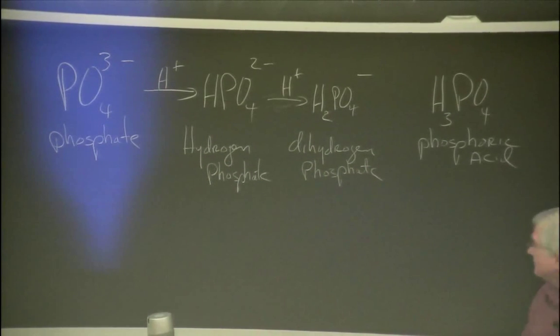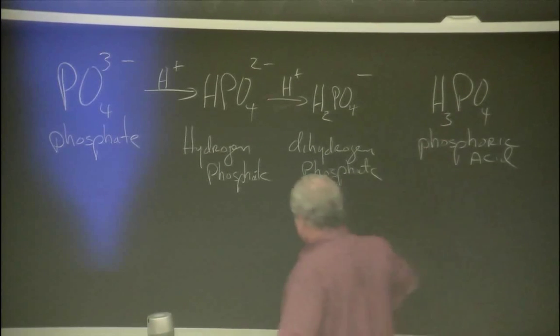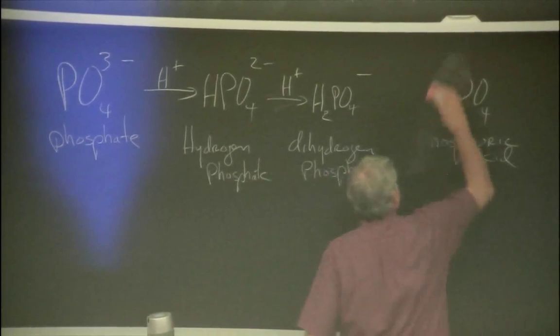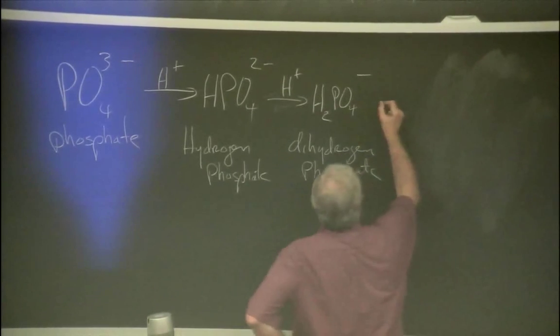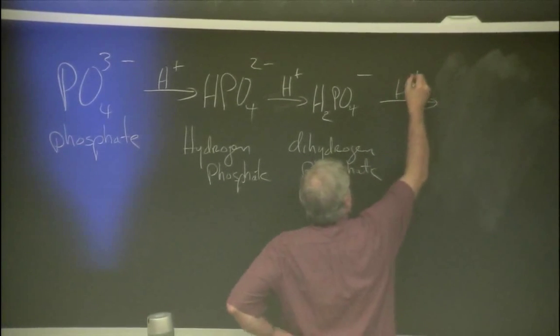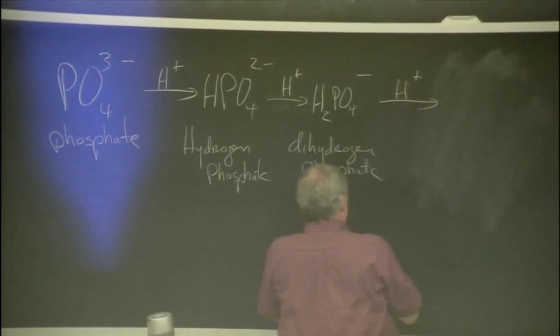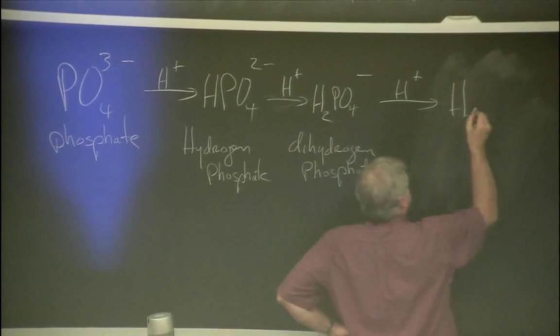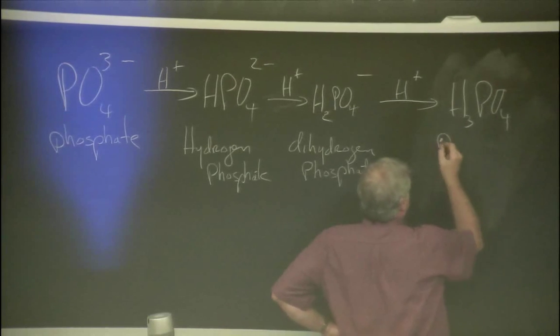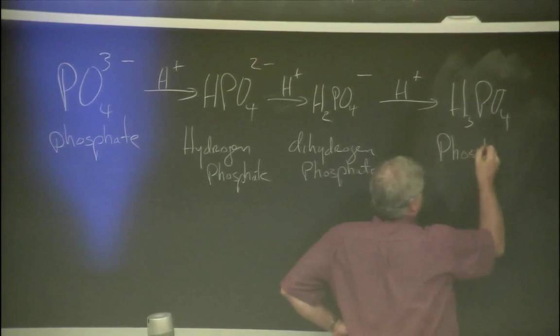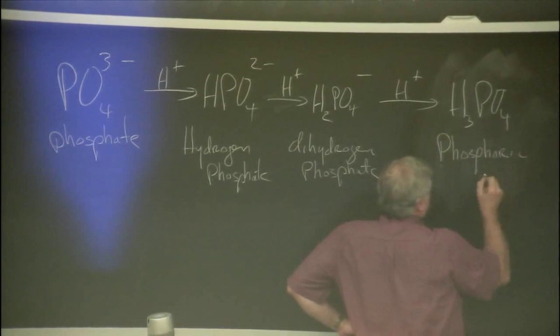I'm going to move this guy over just a little bit, and we'll put that final hydrogen ion on it. And now we're going to have that one I just talked about, H3PO4. No charge. This is now called phosphoric acid.